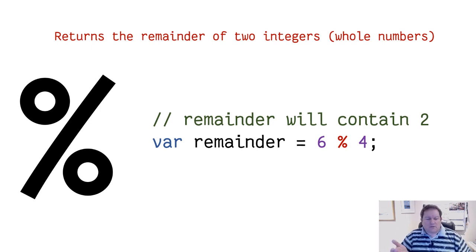So at the end of this statement, remainder will contain the value 2, because 6 mod 4 is going to give you 2. If you want to get the value on the other side of the R, then you would do 6 divided by 4, and that would get you the integer value. So 4 goes into 6 one time.